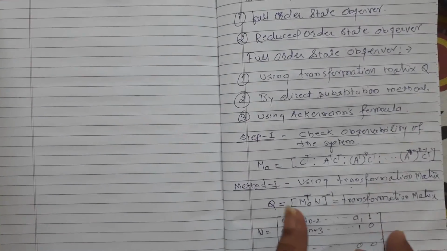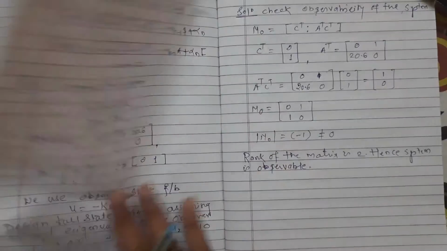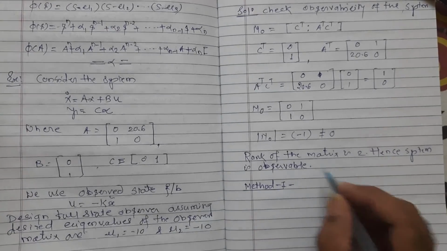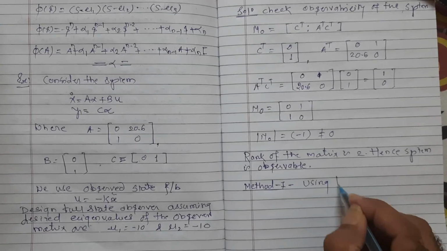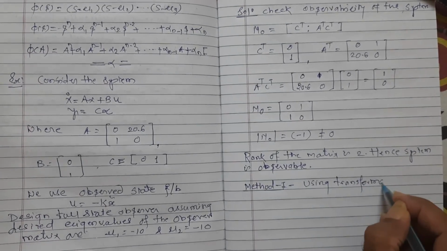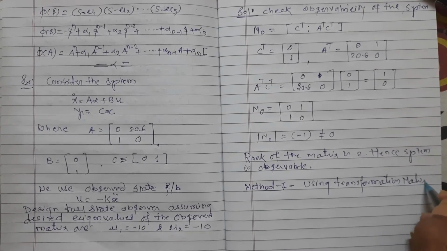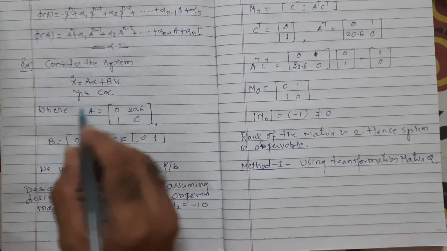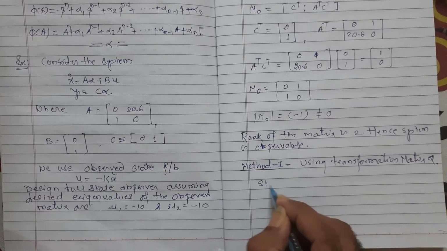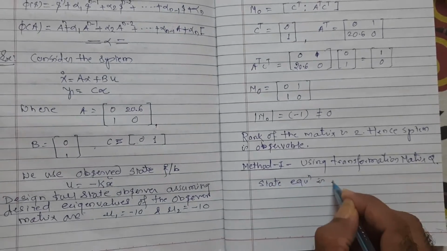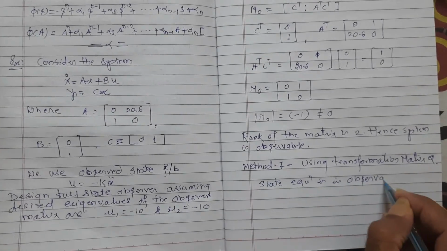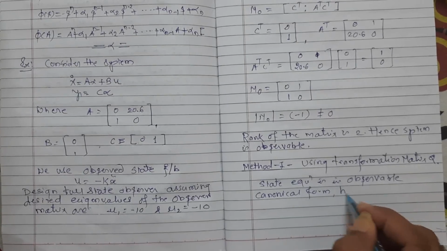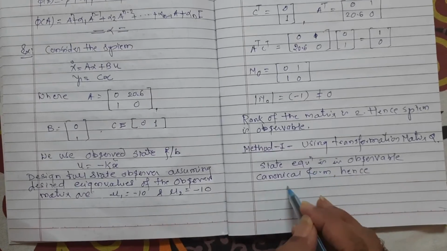In method 1, first using the transformation matrix Q: the state equation is in observable canonical form, hence Q equals I.